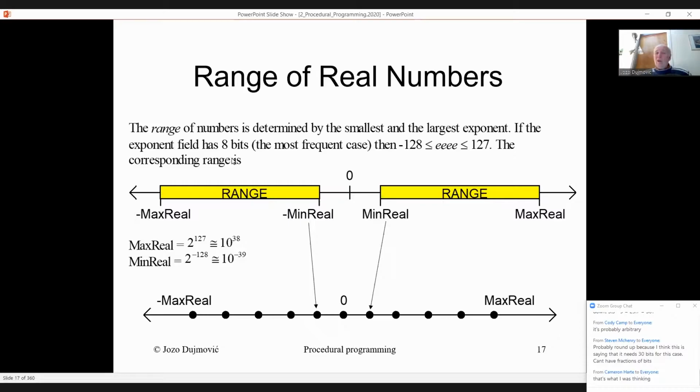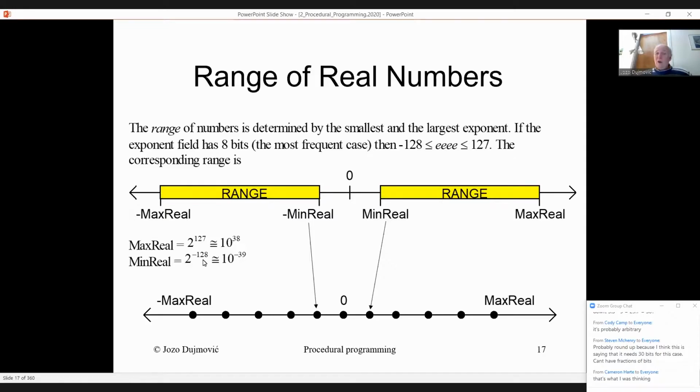So here is what happens if we have 32 bits and 8 bits used for the exponent. The exponent will be in the range from minus 128, which is the smallest value that can fit in 8 bits, to 127, which is the largest value that can fit in 8 bits. So the largest value will be 2 to 127, which is approximately 10 to 38.